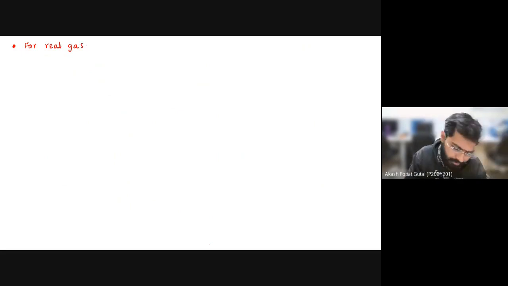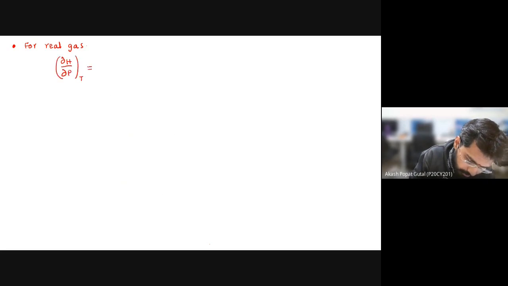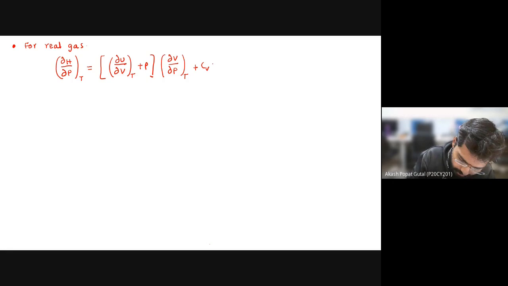For real gas, we know that del H by del P at constant temperature is del U by del V, that is internal pressure, plus P, into del V by del P at constant temperature, plus Cv del T by del P at constant temperature plus P. Fine.